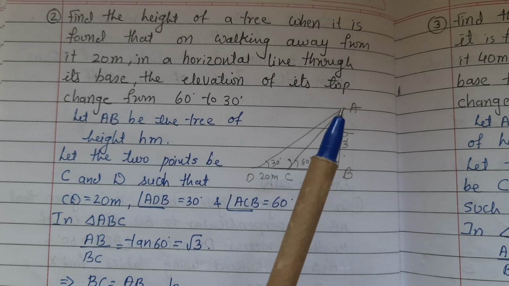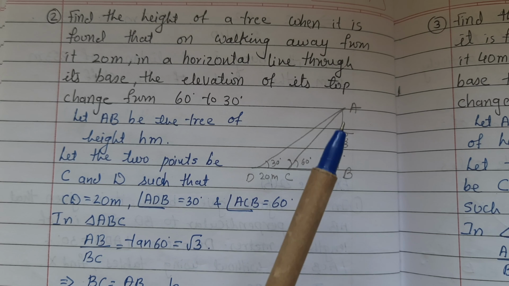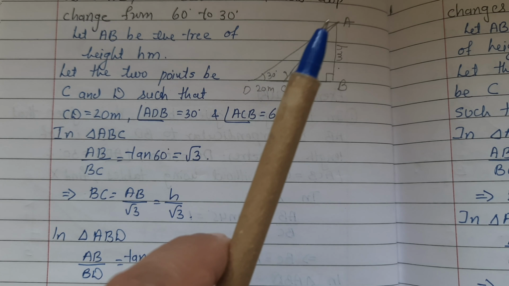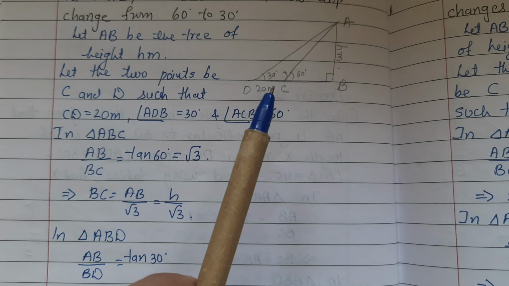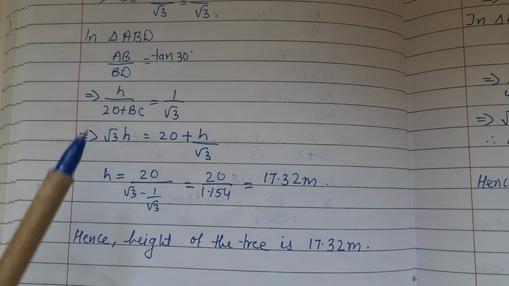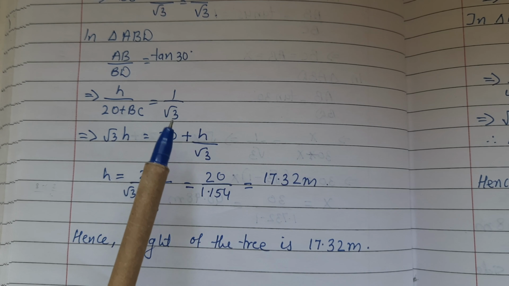In triangle ABC, tan 60 degree is AB upon BC, tan 60 degree equal to root 3. Implies BC equal to AB upon root 3 equal to h upon root 3. Now, in triangle ABD, AB upon BD equal to tan 30 degree, implies AB is h upon 20 plus BC equal to 1 upon root 3.